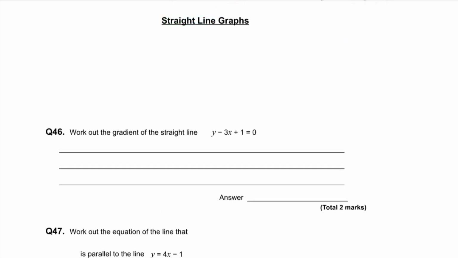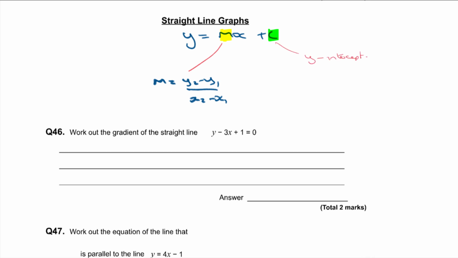Next up, we've got straight line graphs. What do we need to know about this? Well, we need to know about y equals mx plus c, the general form of a straight line graph. You need to be able to find m and c from a graph. M is going to be y2 minus y1 over x2 minus x1. If you've got coordinates, that's a nice way of working it out. C is going to be your y-intercept. So you should be able to find that from a graph.